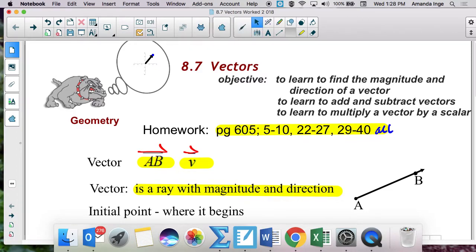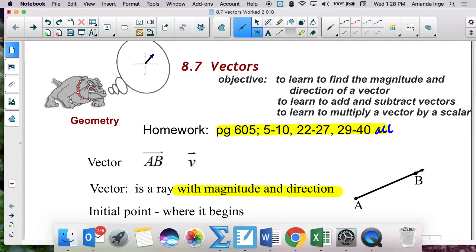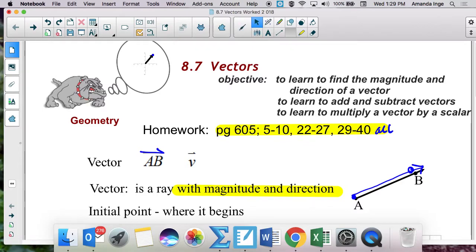If it's represented by two letters, A and B, the first letter is the initial point or the beginning point, where it begins, and B is the direction it's going in. Okay? So A is the beginning point and B is the direction it's going in. A would be called the initial point.